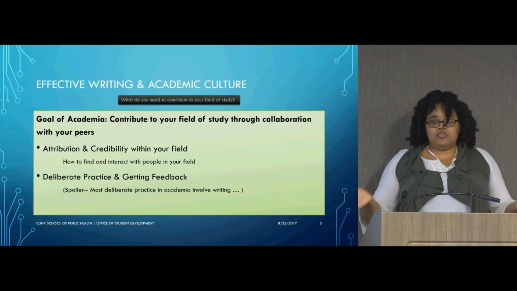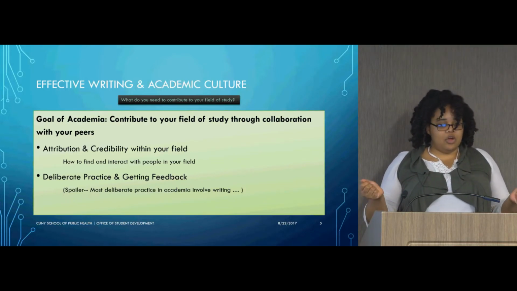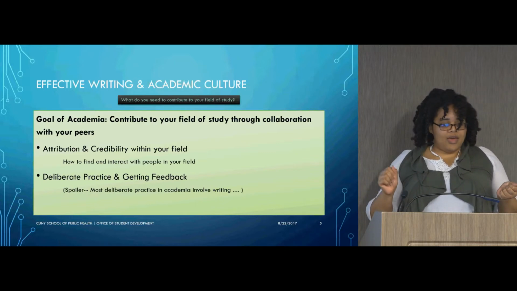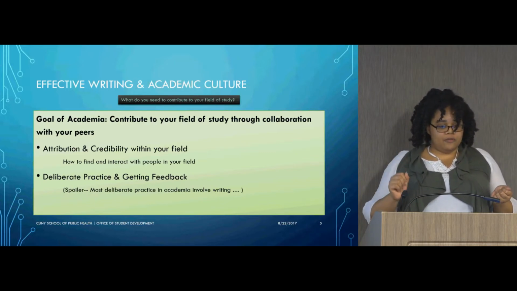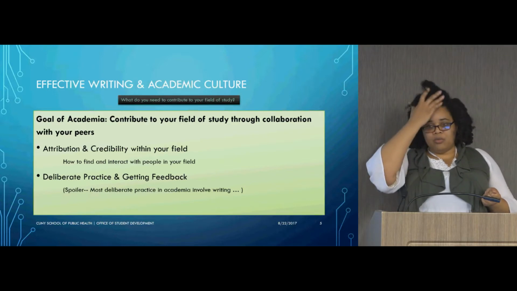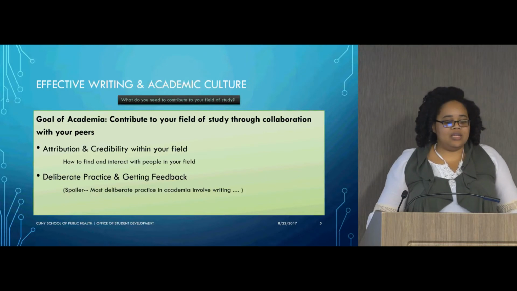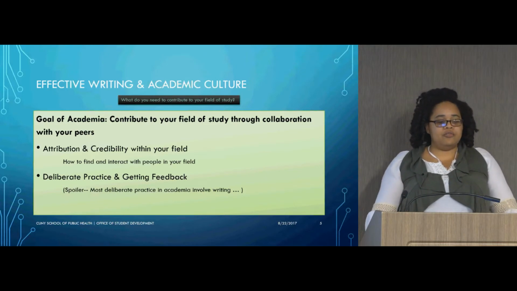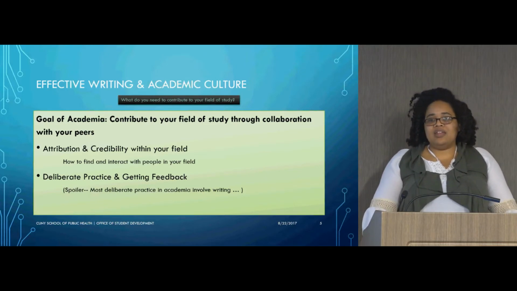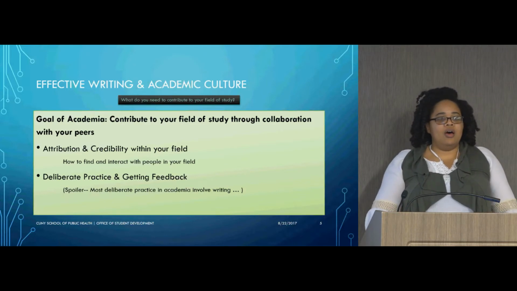And we're going to go straight into the topic for today. The main goal of academia is to contribute to your field of study through collaboration with your peers. A question that we'll be discussing the answers to today is, what do you need to contribute? What do you need for contributing to your field of study? That really depends upon your field.